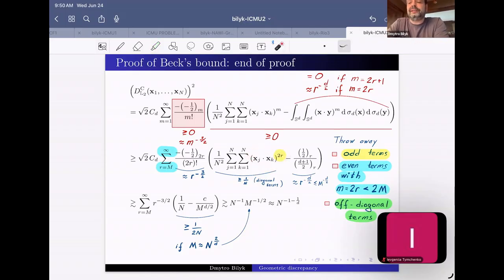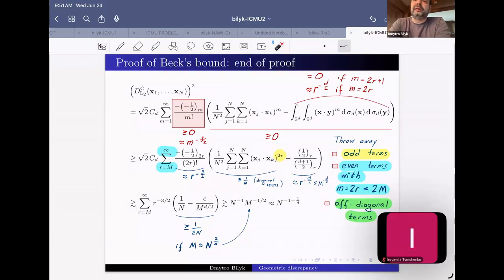I can throw away off-diagonal terms because I'm dealing with even powers, and so all the terms here are non-negative. I couldn't do this with odd powers because some of the inner products could be negative and their powers would be negative. But this is an even power, so everything's positive. I can throw things away.